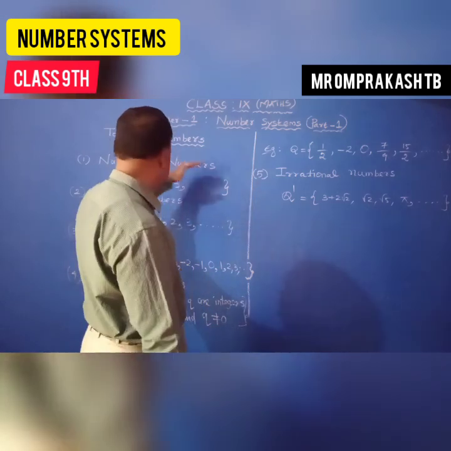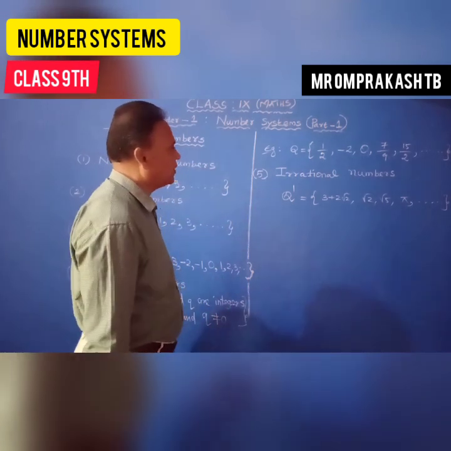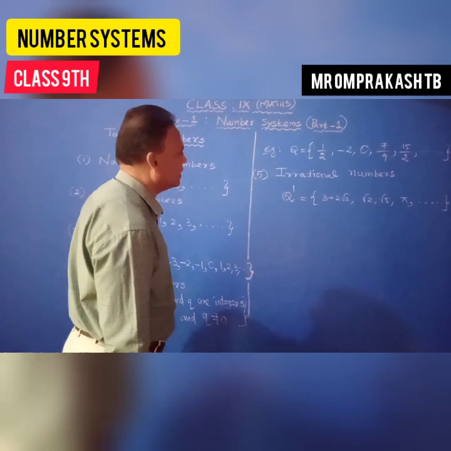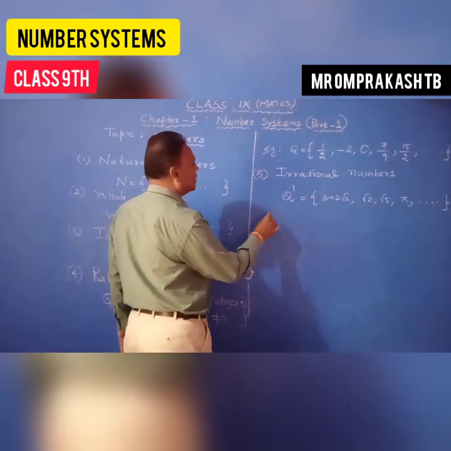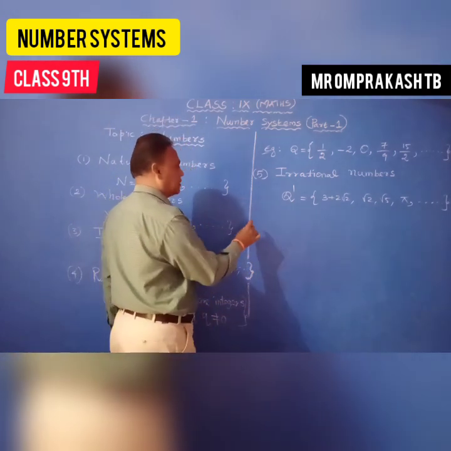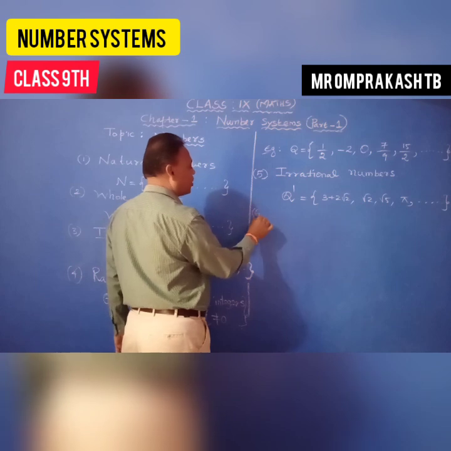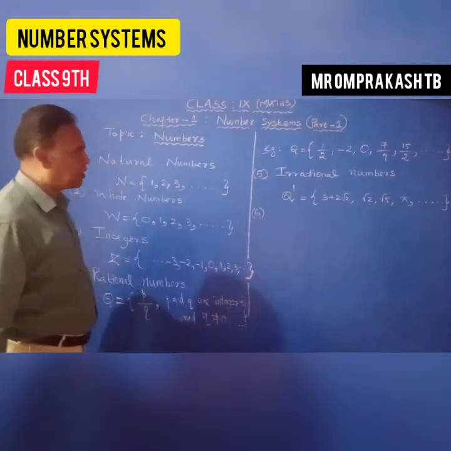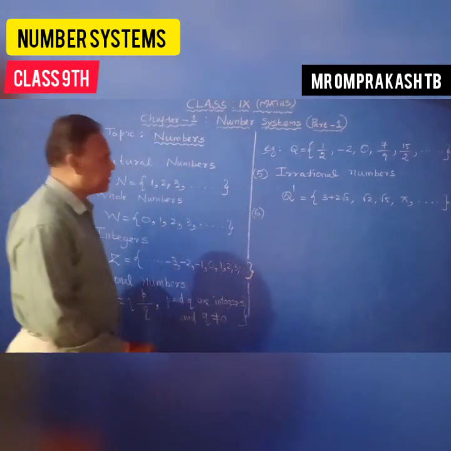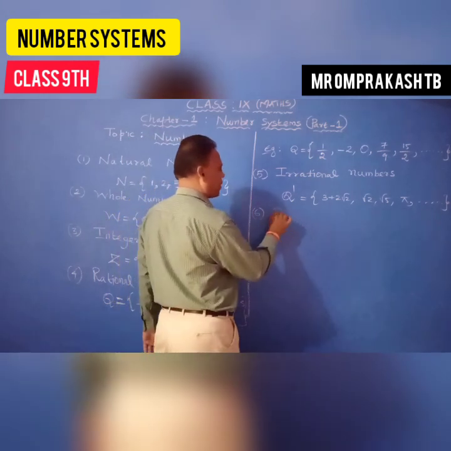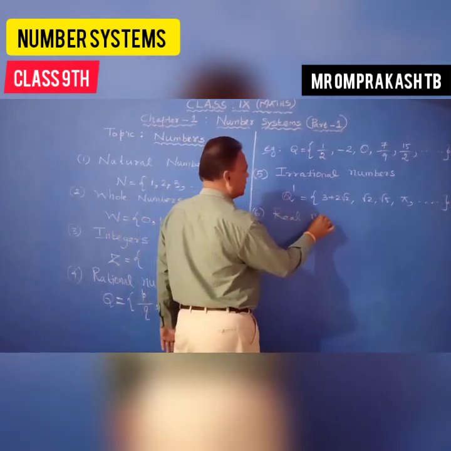First you see the types of numbers, clear? Rational numbers and irrational numbers. Then one more number is there. Apart from this, one more number you have, that is real numbers.